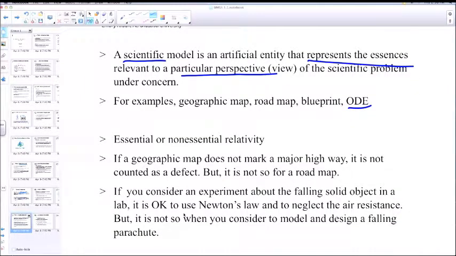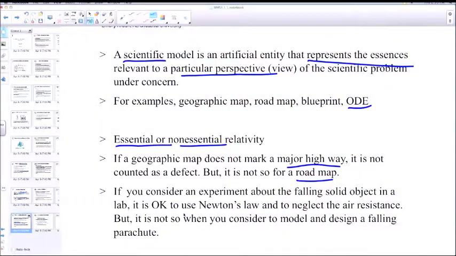So you really have a relativity of the essential and the non-essential factors. Now, what does essential and non-essential mean? If you consider a geographic map and you could not find a major highway, you don't count it.